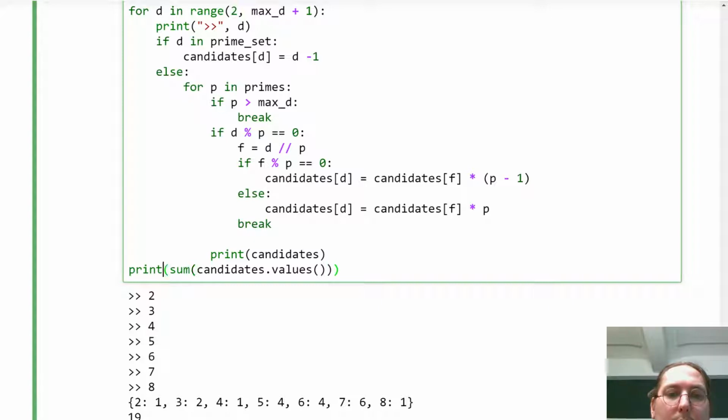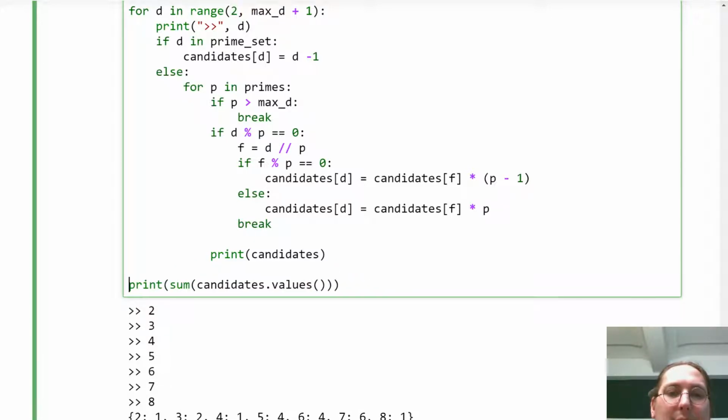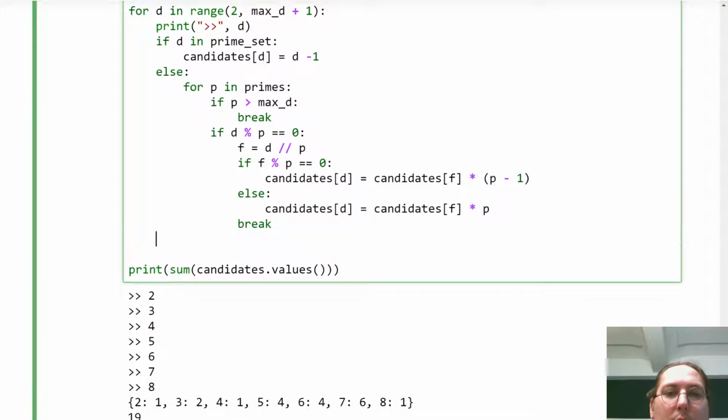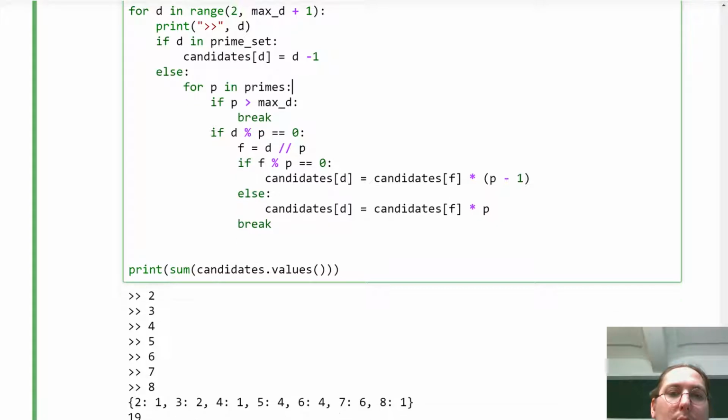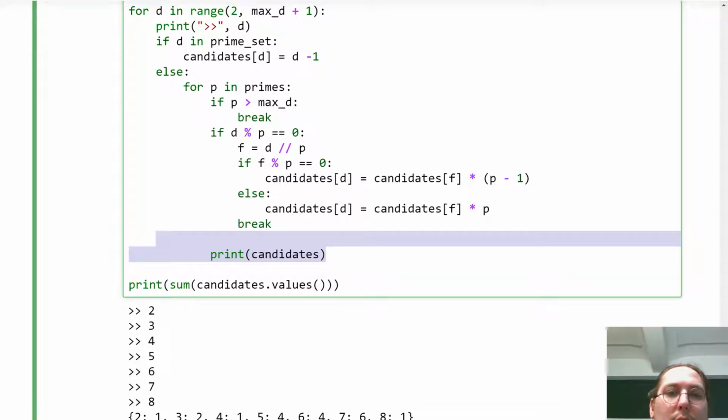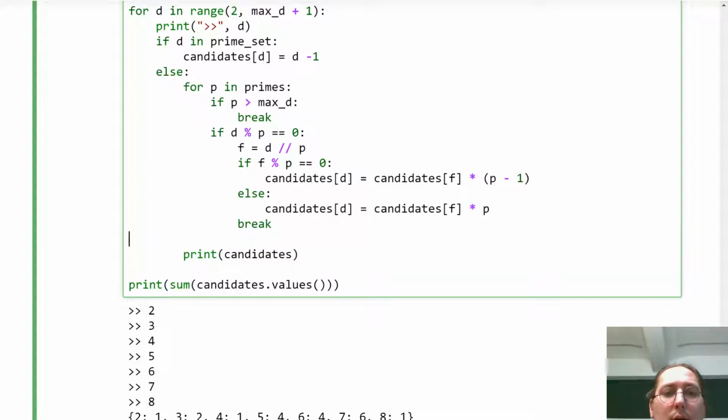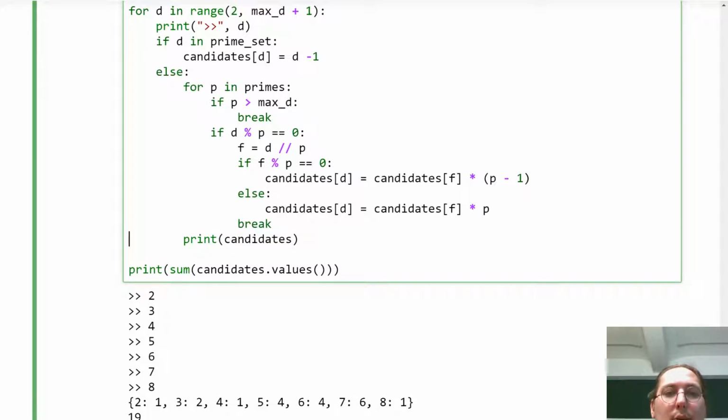One line up and one tab to the left. It's just a print candidates. One line up and one to the left. Yeah, like that.